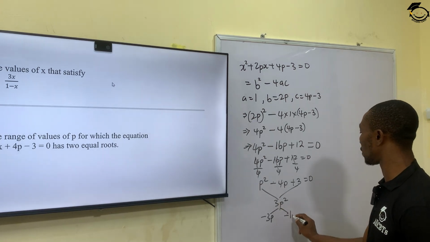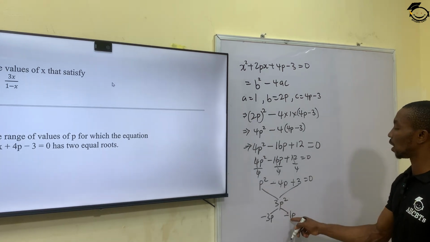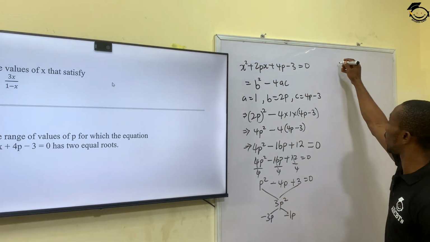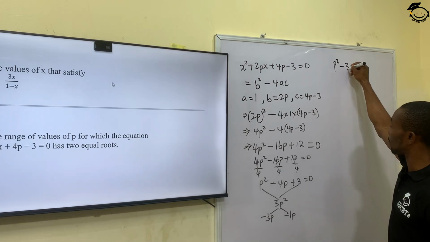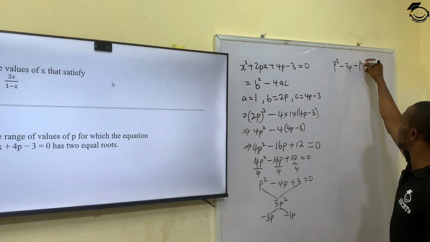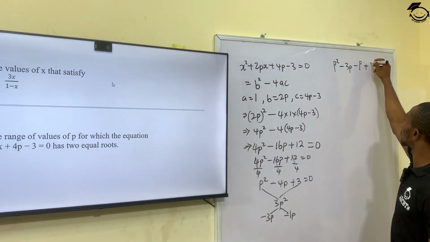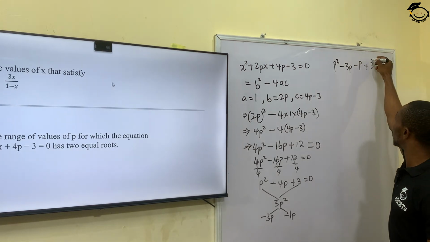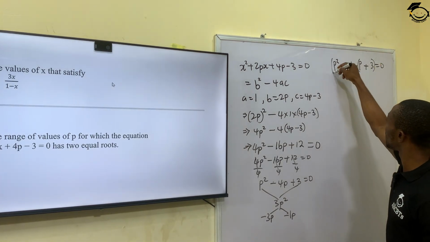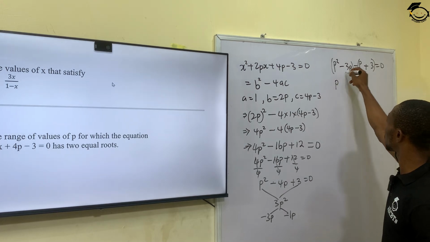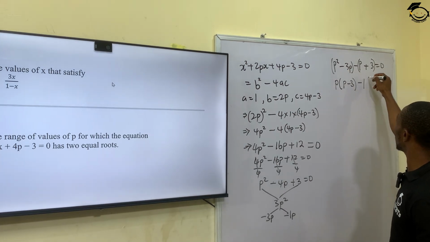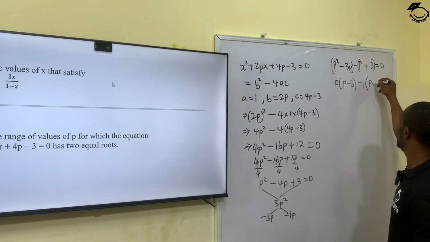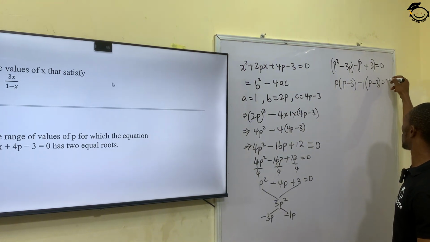So this we have. Now, replacing this, we have p squared minus 3p minus p plus 3 equals 0. Grouping these two together, we have p, which is common here, p minus 3, and minus 1, which is common here, p minus 3 equals 0.